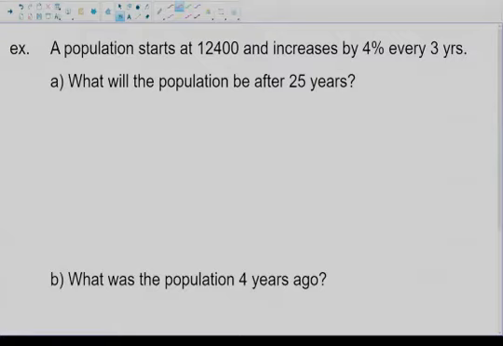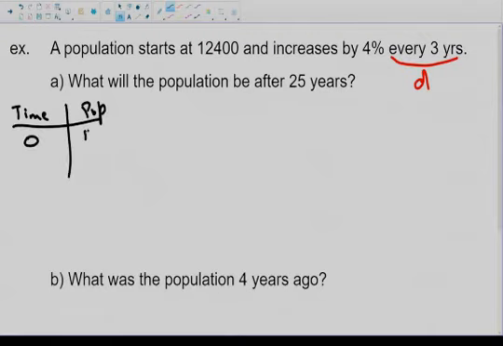Well, this question is going to introduce our D value right away, okay? And you're about to find out that this is the D value. If I did a quick table of values here, we'd have our time and our population, and we'd have 0 for our initial population, which would be 12,400.